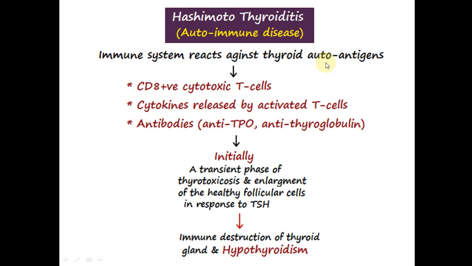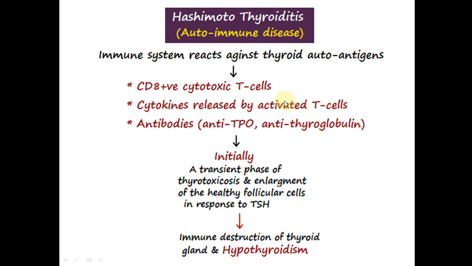What happens is that the thyroid antigens are presented by the antigen presenting cells to the T cells, and the T cells then release cytokines like interferon gamma and tumor necrosis factor that cause destruction of the thyroid cells.